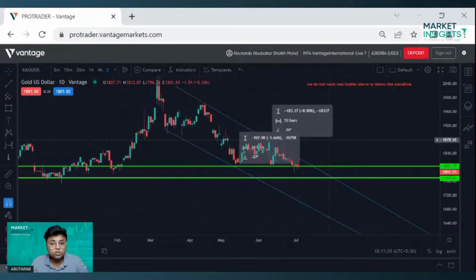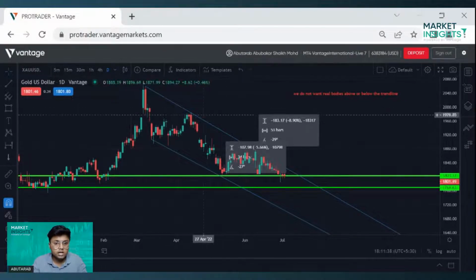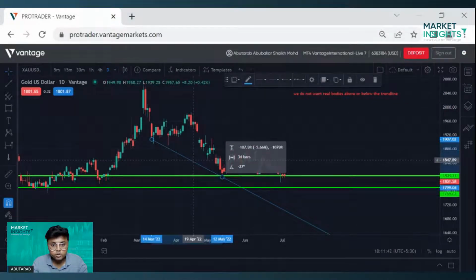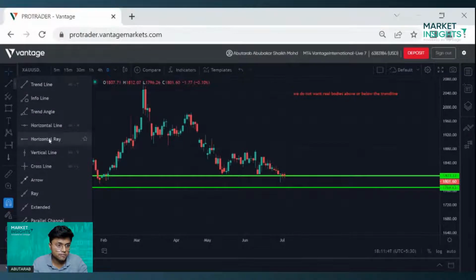Channels are two lines that restrict the movement of the price action. Now, I don't have to make these two trend lines as such. I will show you one very smart way of making a channel. In this particular tool, you can see a parallel channel here.